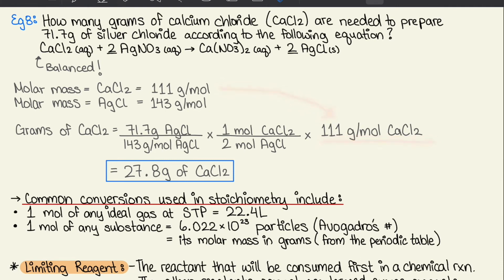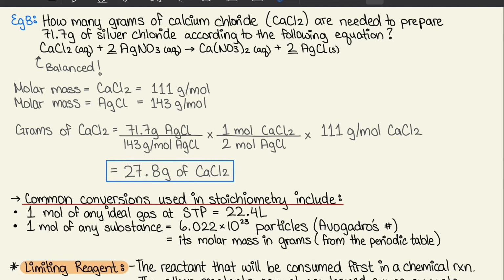And when we multiply it all together, we get 27.8 grams of CaCl2, because that's what we were trying to get. So just to recap, we take out the units for each and go from AgCl. We cancel out the grams in the first fraction, and then the moles of AgCl between the 143 grams per mole of AgCl and the 2 moles of AgCl.